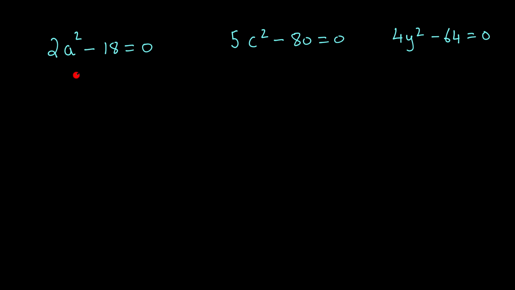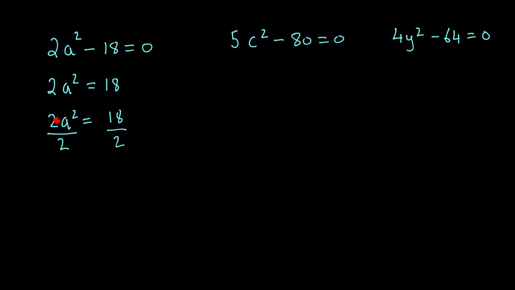So let's see, how do we solve this? So once again, we follow exactly the same method. So we take the minus 18 to the other side and change the sign. So we have 2a squared is equal to 18. Then what we do, we divide both sides by 2.